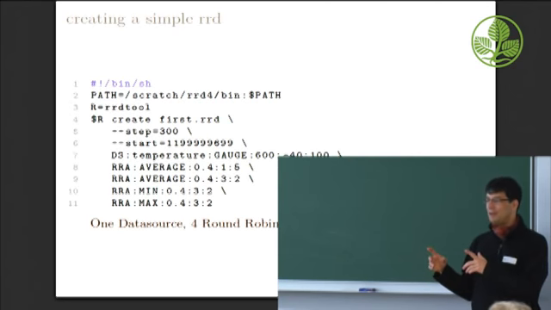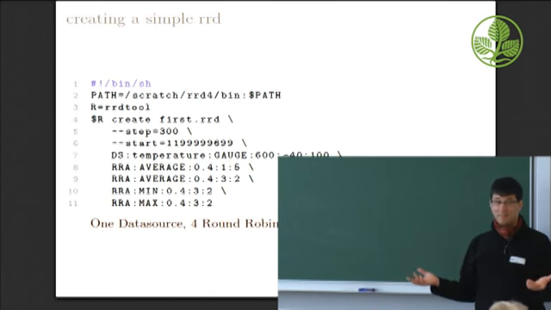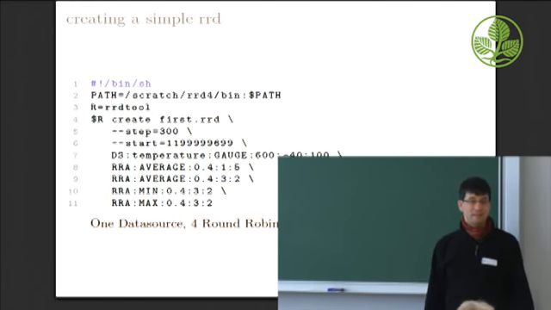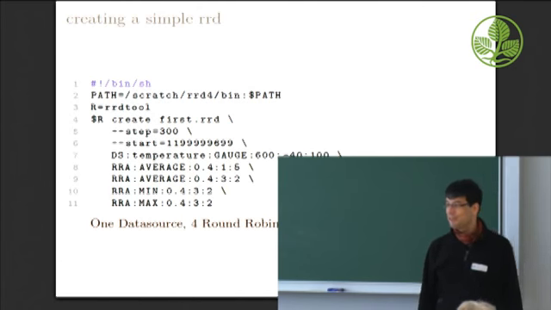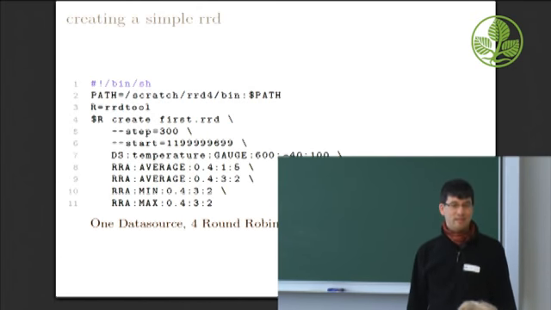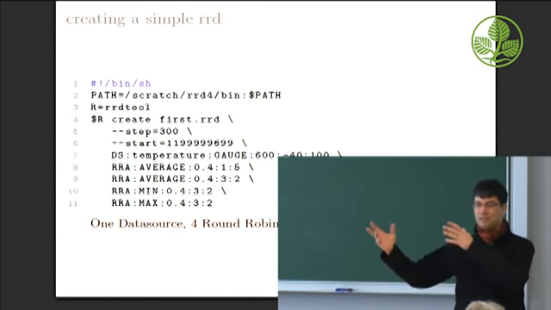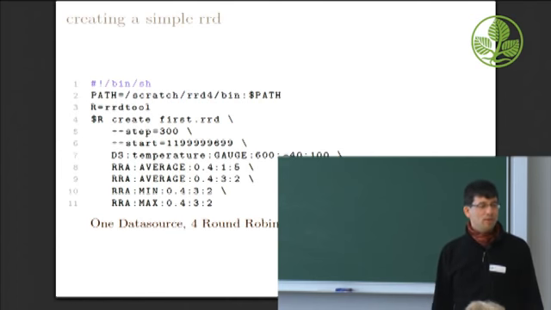So the question is, how long do you want to keep that 1 minute data? RRDtool makes you decide at creation time for how long you want to store that data. And oftentimes, those systems which use RRDtool decide for you. They may offer an option for changing that, but oftentimes there are some defaults.